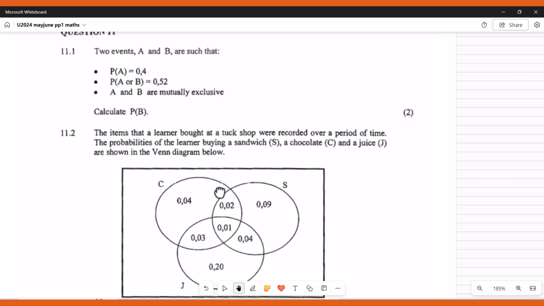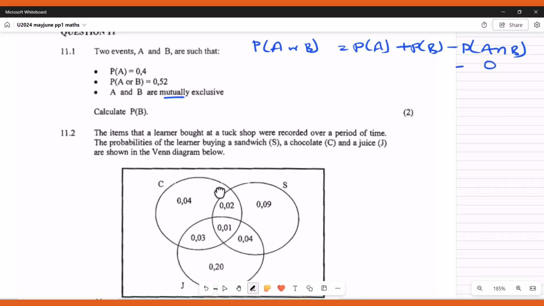Probability of A or B, the same as the union, is given by probability of A plus probability of B minus the intersection. But in this case, because of the word mutually exclusive, the intersection is 0.